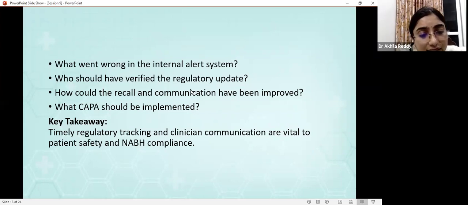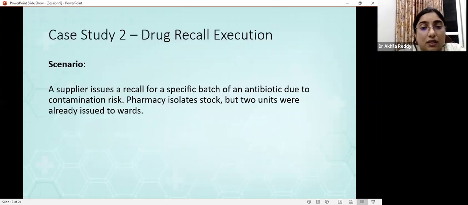The main lacking is we are not tracking the regulatory bodies day to day, and we are not communicating to the clinician. The communication should be through emails at the earliest, or a circular, and to the other departments also, so that it gives some safety to the patient, and when it is done on a timely basis, it may prevent complaints.